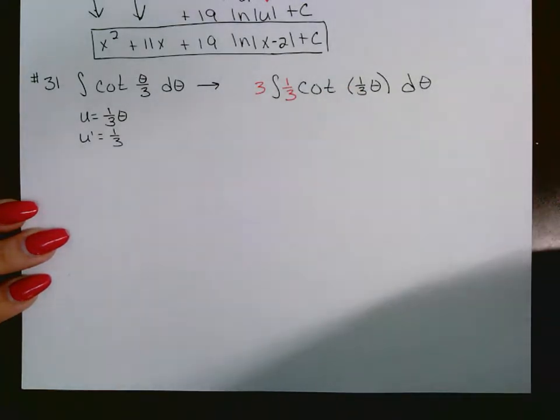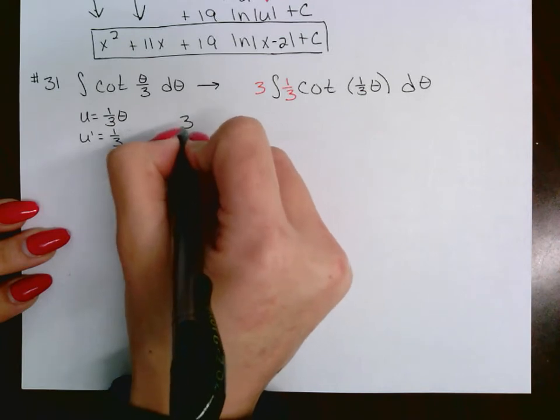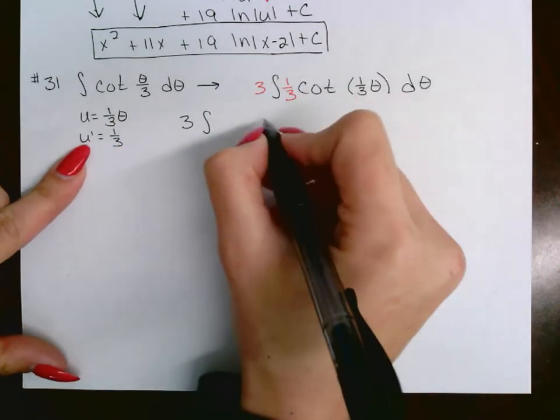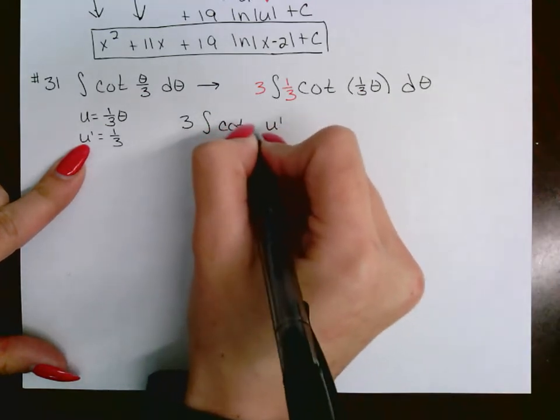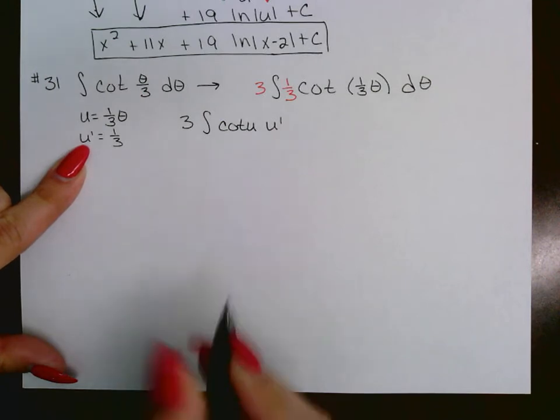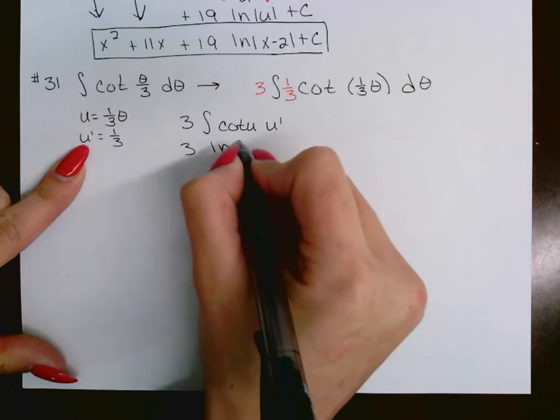So now when I go to rewrite this question, I'm going to bring that 3 down. The 1/3 turns into my u prime. And now I write cotangent of u. What is the antiderivative of cotangent of u? Good.